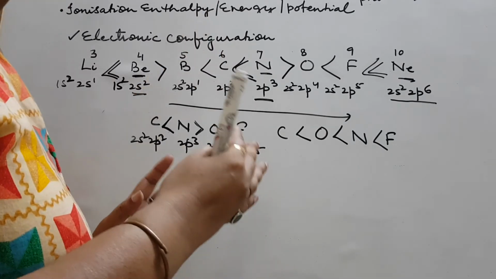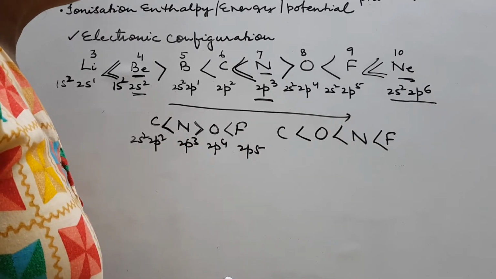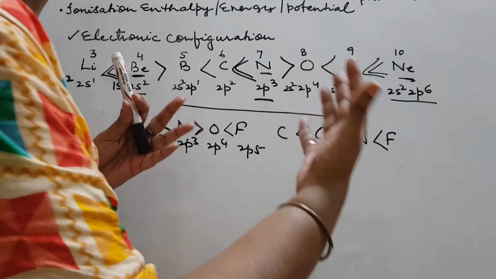The cases where we have half-filled and fully filled orbital configuration, that way they are stable, so they have values higher than their neighboring atoms.